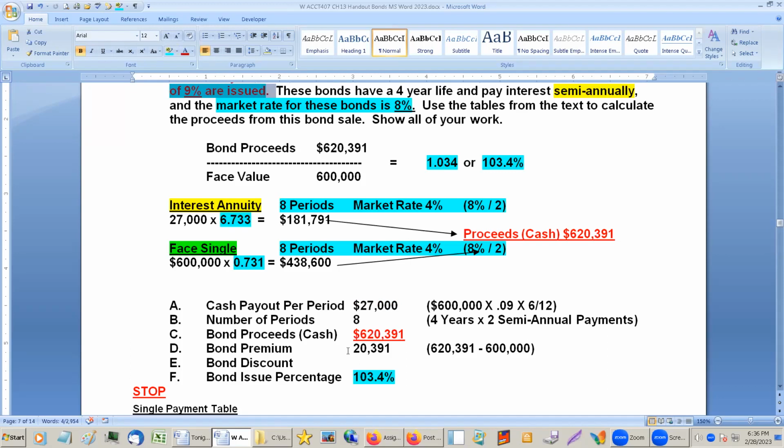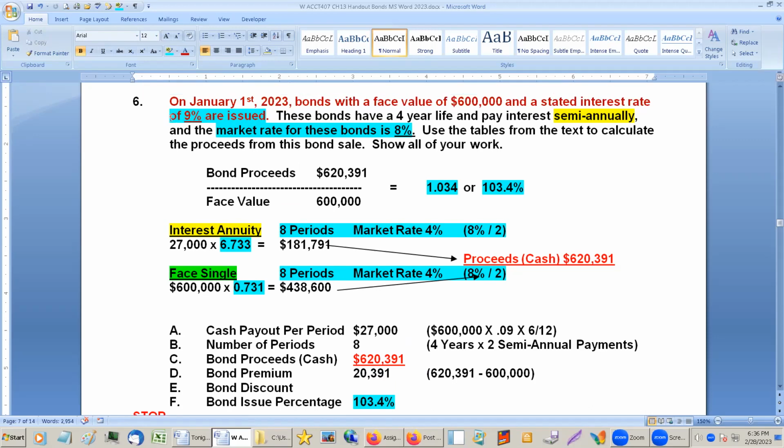So this extra $20,000 of premium they have here, initially they still owe it. If you turned around tomorrow and tried to buy those bonds back, whoever has them will say, yeah, you can buy it back for $620,391. So you still owe this amount, but over time you're going to be paying out a higher interest rate to these people. So that is what's going to be paying down that premium.